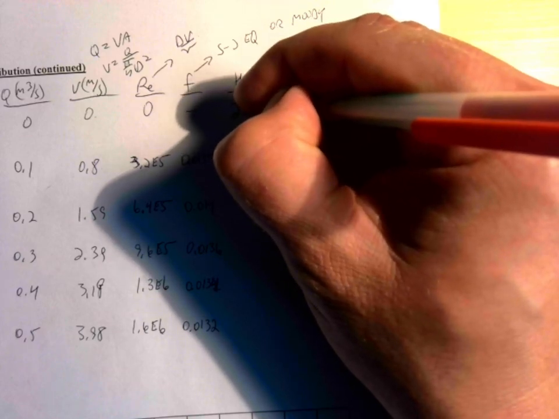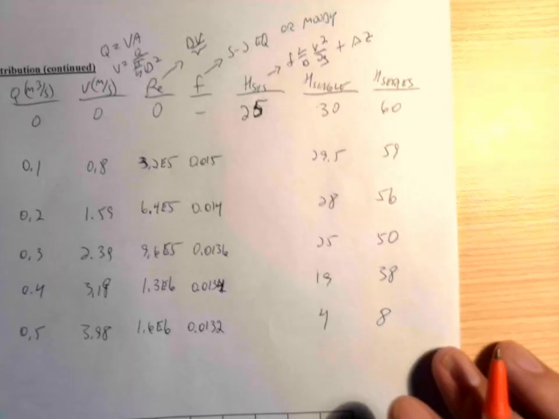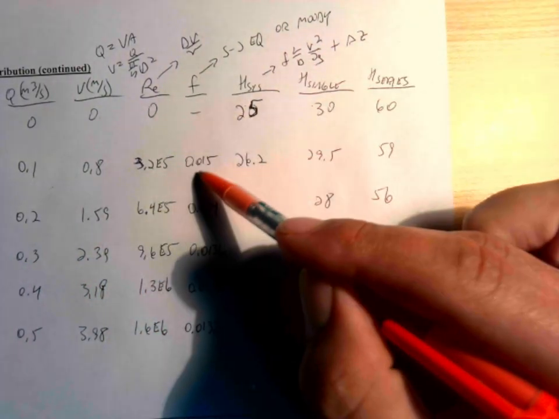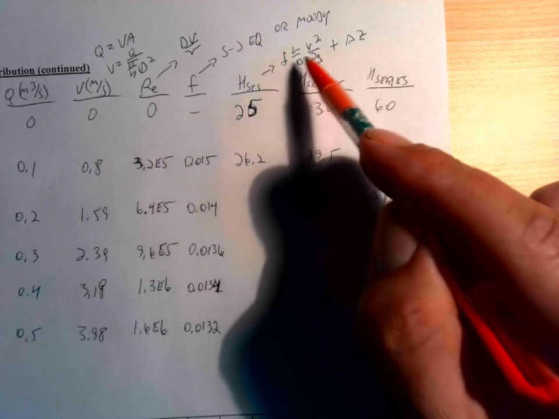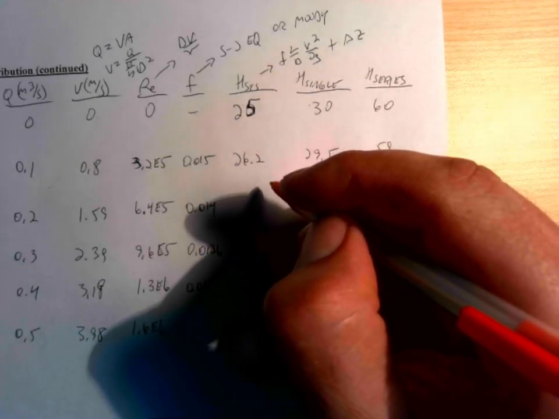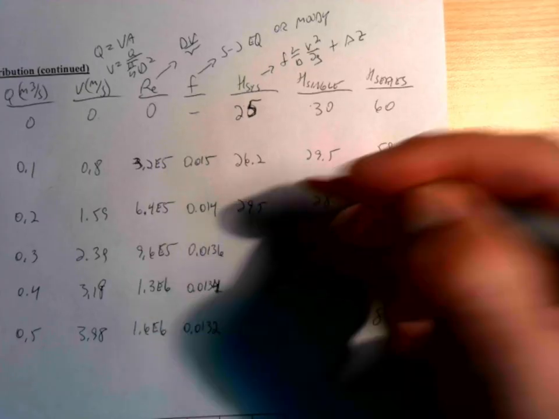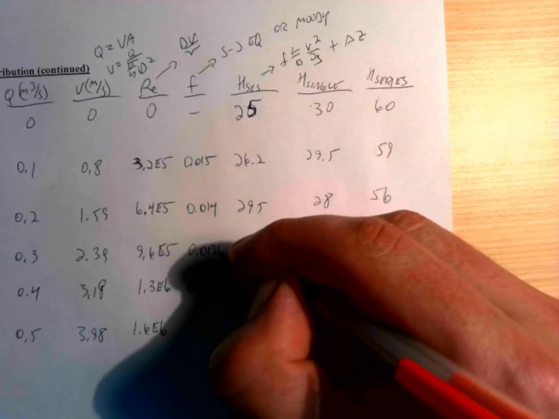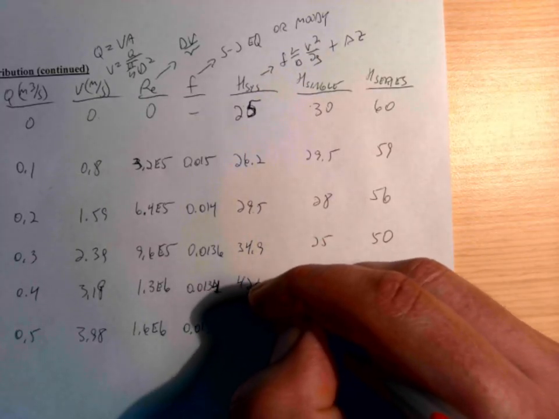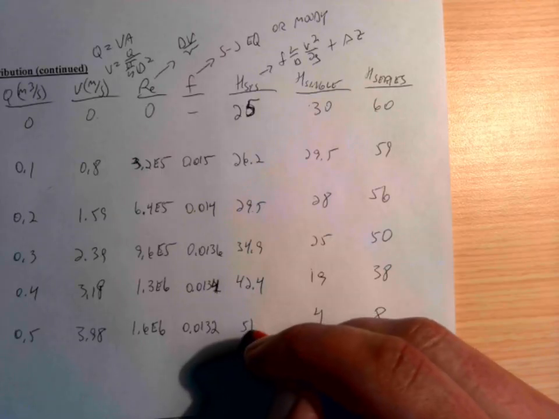Okay, so this is 25, and then 26.2 here for this friction factor and this velocity, plugging that in there. And then 29.5, 34.9, and 42.4, and then 51.7.